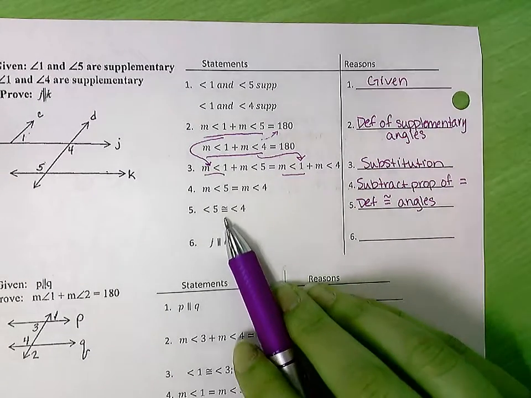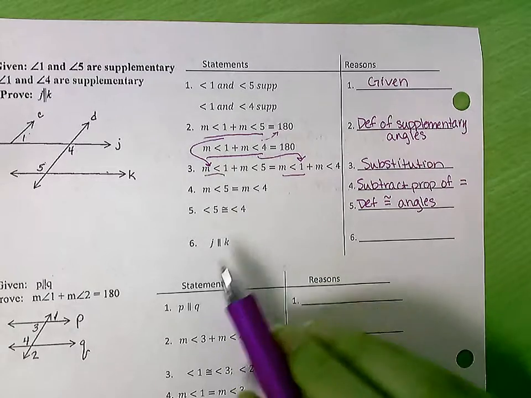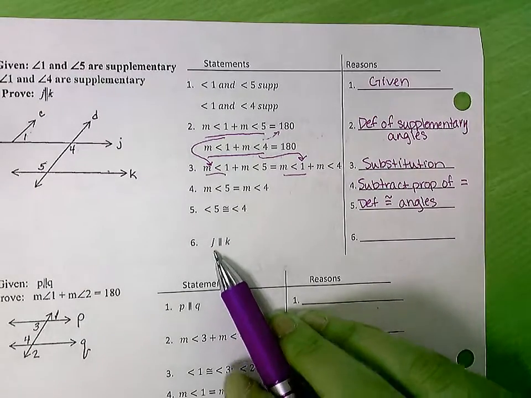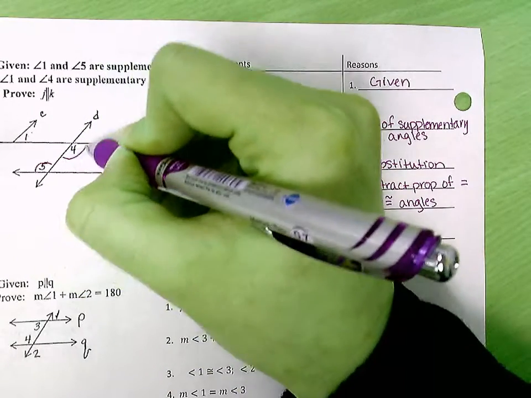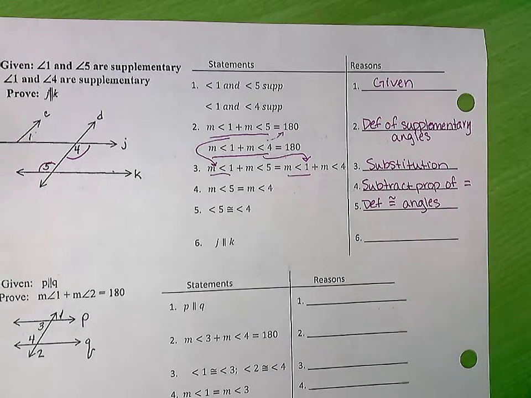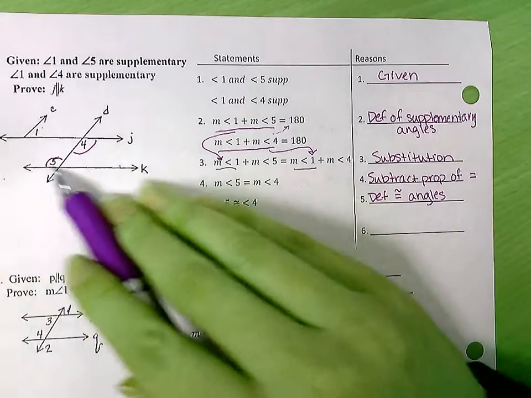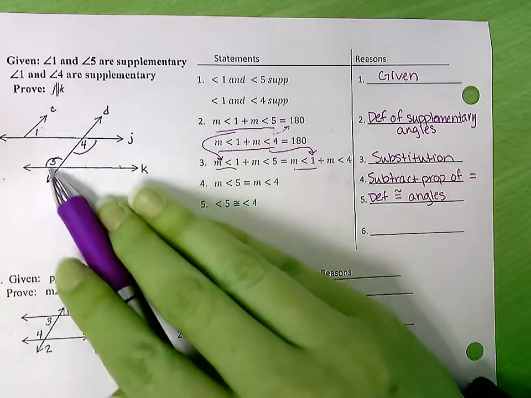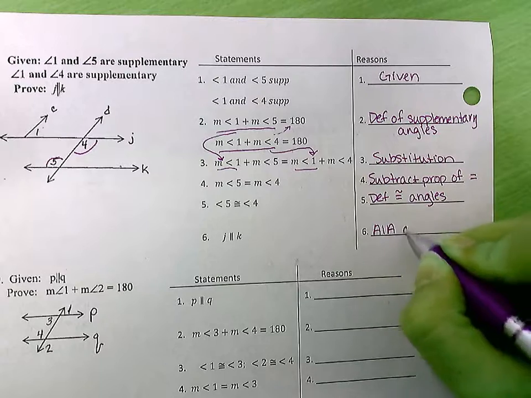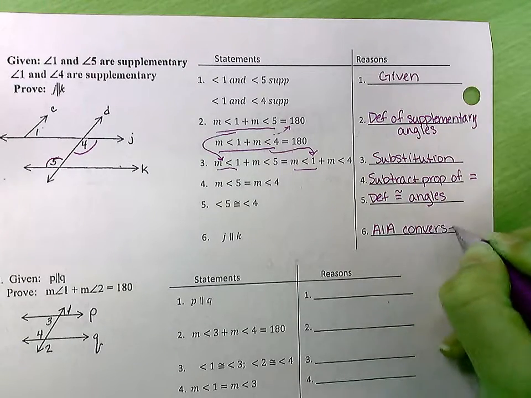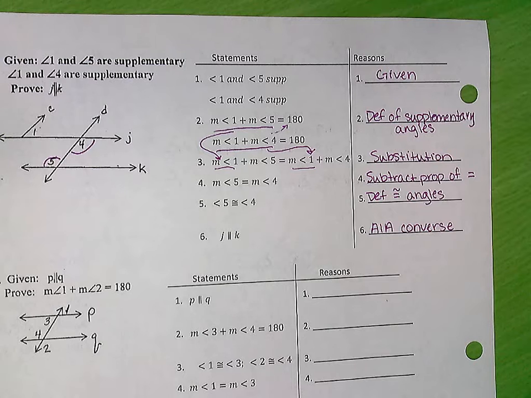For number 5, the final statement, I need to look at these two angles, angle 5 and angle 4. Those are congruent. That angle pair, if those lines are parallel, would be alternate interior angles. So I'm going to use that converse. Questions on number 8? If you don't know how I got a certain reason, you need to ask.